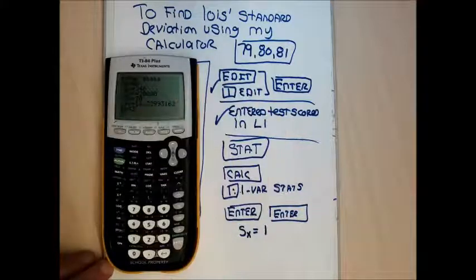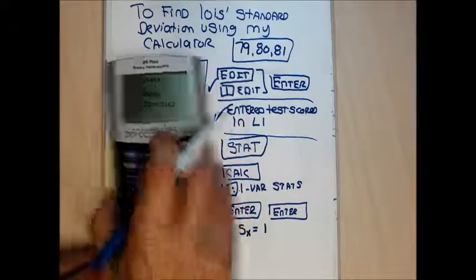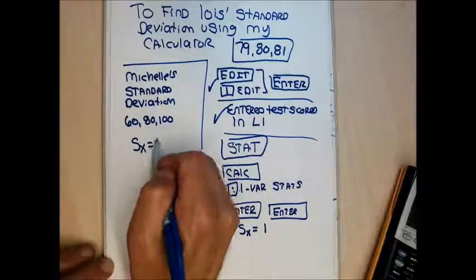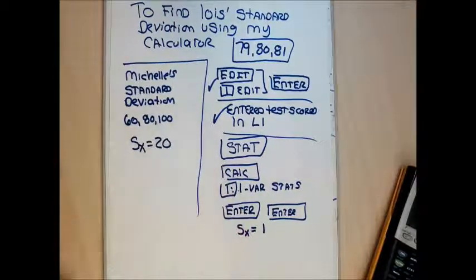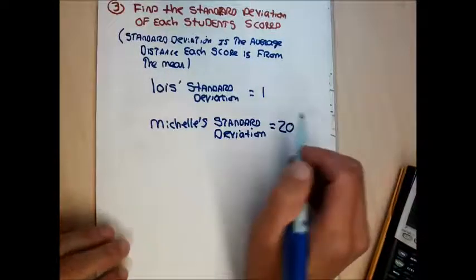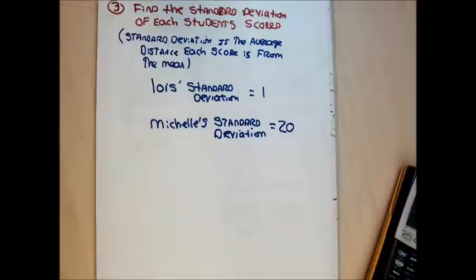This is such a simple example with 3 numbers that the standard deviation almost feels like it should. It won't always feel like it should. So on my calculator, the number I'm going to pull off here is the standard deviation of Michelle's score, which is 20. So I've answered the questions for that. I wanted to talk about these 3 pieces of data.